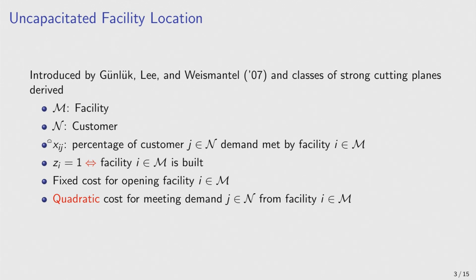And we have binary variables that tell us whether a facility is built. So the goal is to build facilities to meet customers' demand. There's a fixed cost for opening the facility, and then a quadratic cost for meeting the demand.